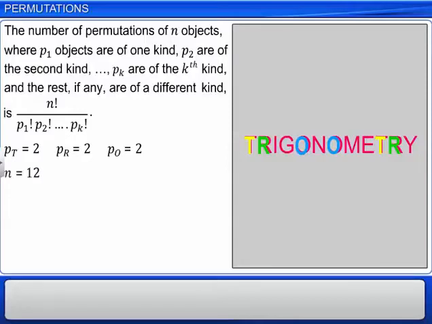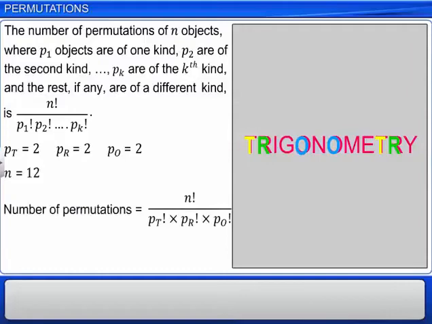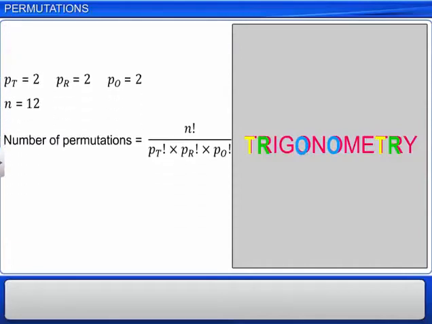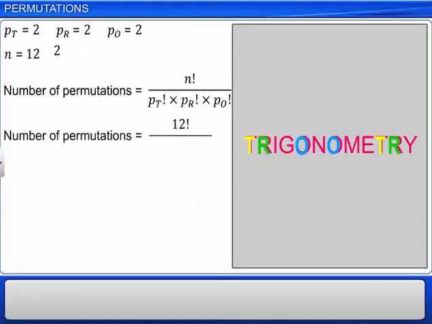This implies n is equal to 12. Therefore, the number of permutations of the letters of the word trigonometry is as shown. Substituting the values, we get the number of permutations as 5 crore 98 lakh 75,200.